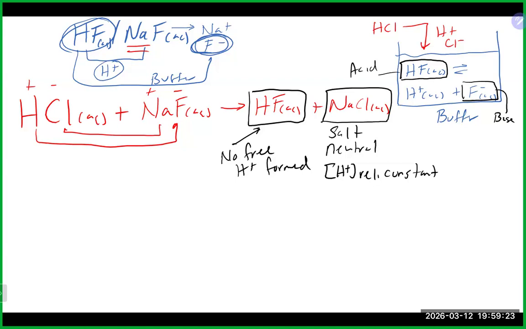And if the concentration of H+ stays relatively constant, that should mean my pH should stay relatively constant as well. And I say relatively constant because if you were following it with a pH meter like you'll do next week, you will actually see the pH change.